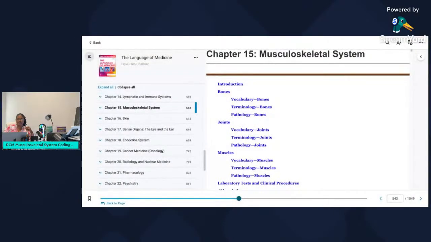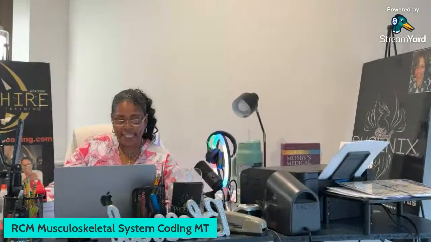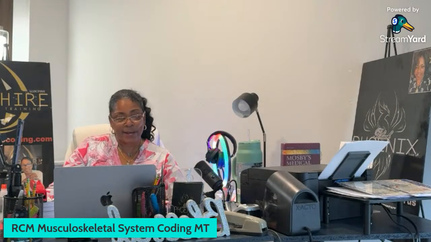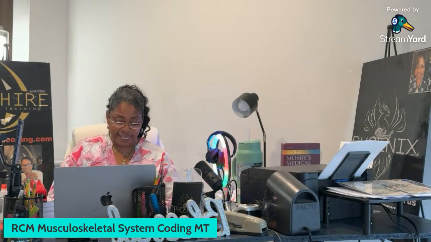Okay, so here we are. This is where we're at today. And again, you guys see the CPT book that I showed you. We can combine that with this, with the medical terminology, okay? And this is what we are doing today. We're doing musculoskeletal system today. It definitely looks pretty lengthy, so I know we're not finishing that today.